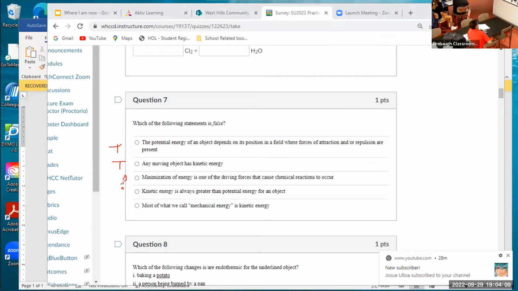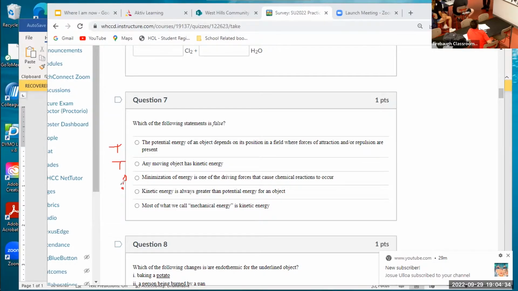No, it just depends on the object, right? So if the object is totally at rest, my eraser here, is it moving? So how much kinetic energy does it have? None. Is 0 greater than something? Because its potential energy is based upon its height, right? So the potential energy here is greater than kinetic energy.